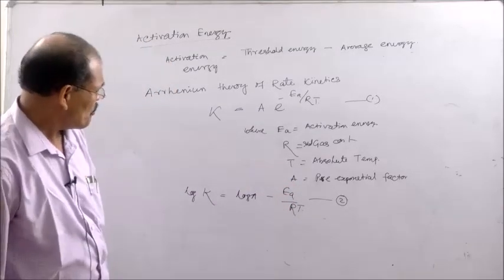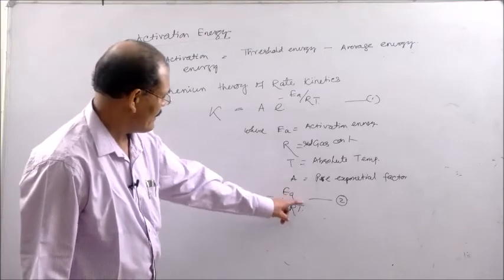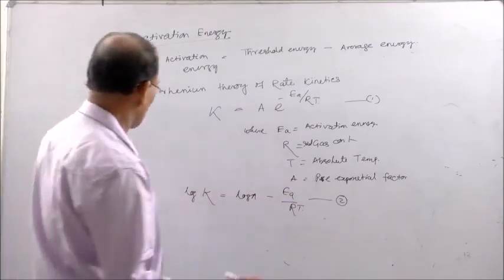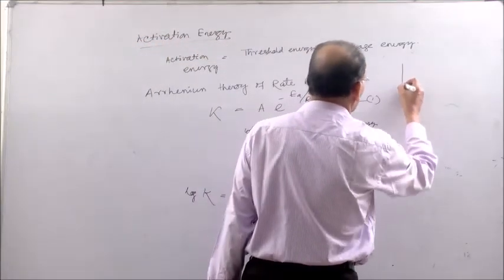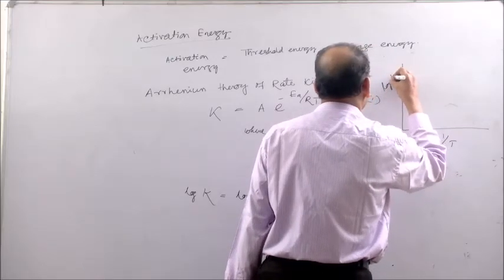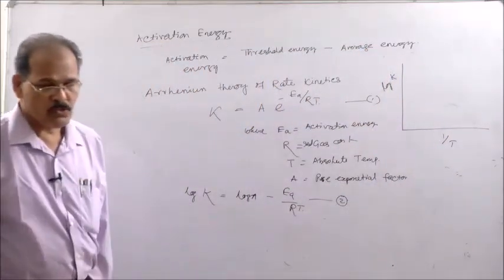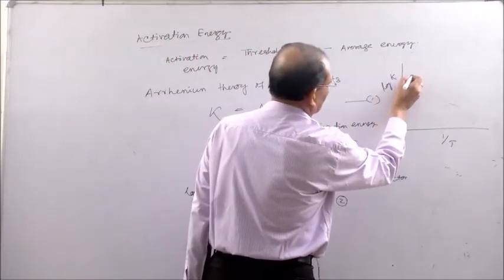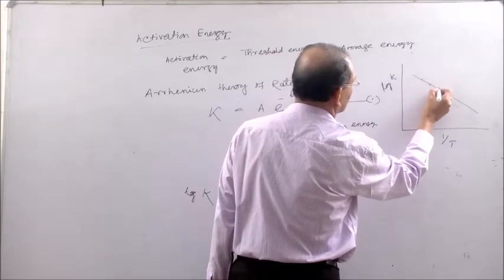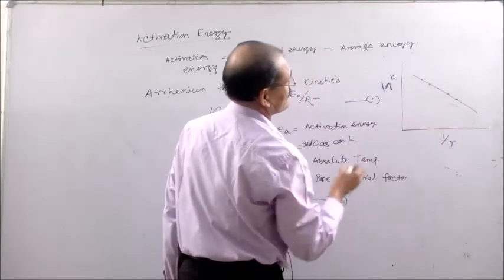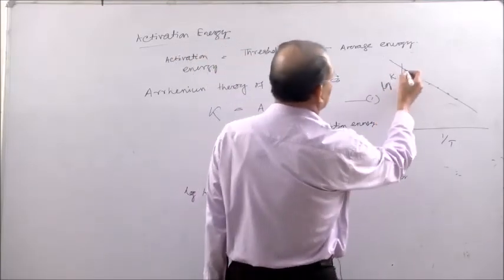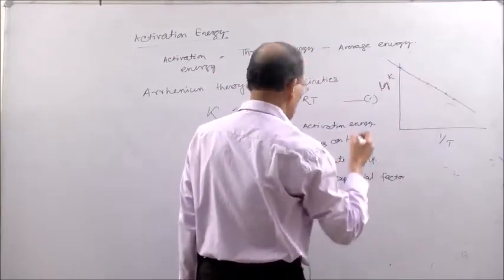If you plot 1 by T versus log k, we will obtain a straight line like this. Extrapolating this straight line to the axis, we will get the value of log A.